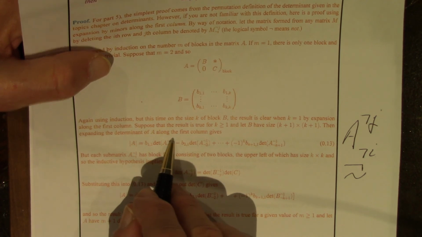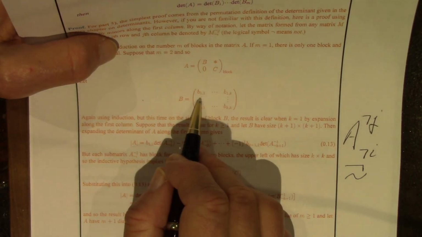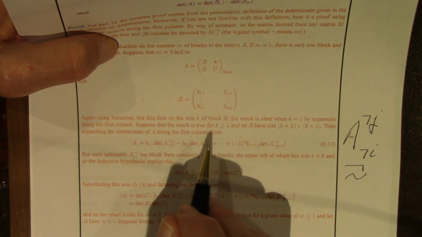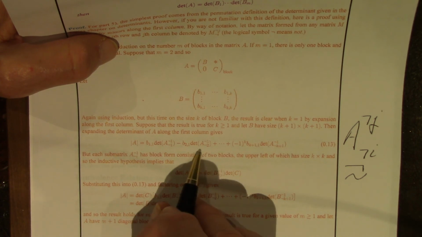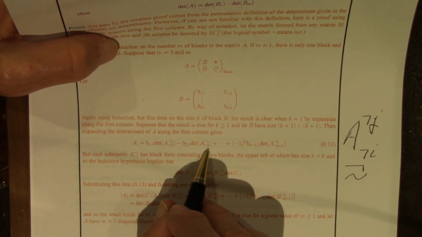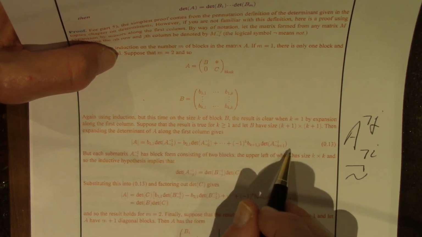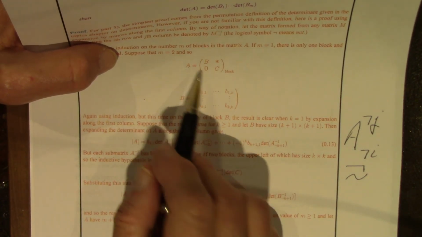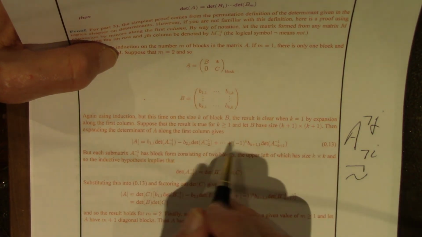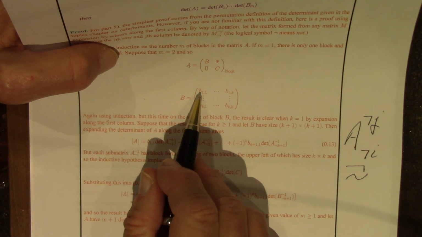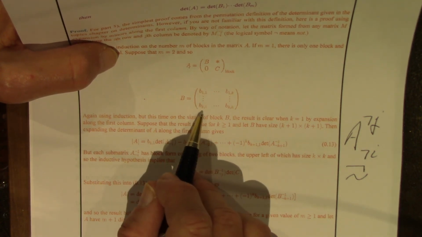Remove the first row and first column, minus B21, that's the next entry in the first column here, times this determinant, remove the second row and the first column, and so on. This is the expansion of A along the first column. There are terms corresponding to B11 through B(K+1)1.